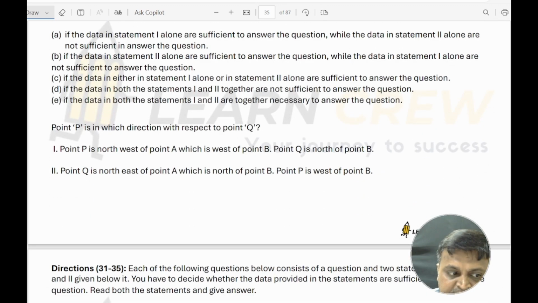Now, point P is in which direction with respect to Q?